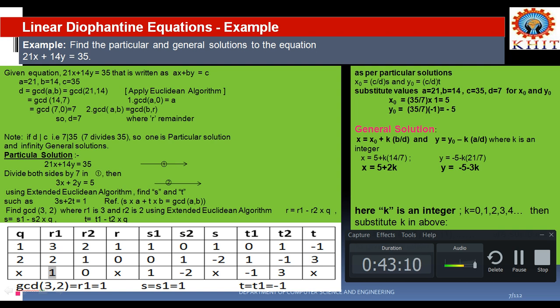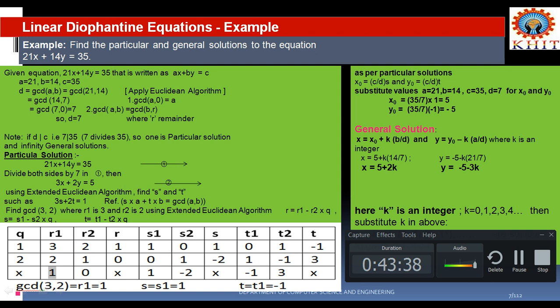So you need to find out this GCD of a comma b, that means 3 comma 2. For that purpose, I am using this tabular format for calculating the GCD of 3 comma 2. So this R1 value 1 is the GCD of 3 comma 2. This final S1 is 1. This is S. This minus 1 becomes T value.